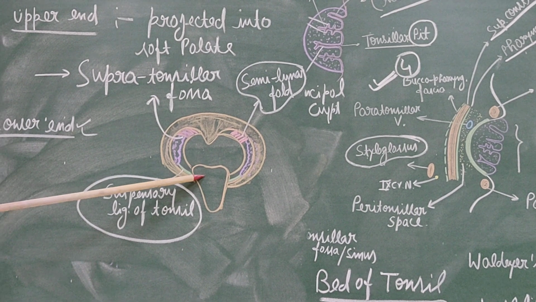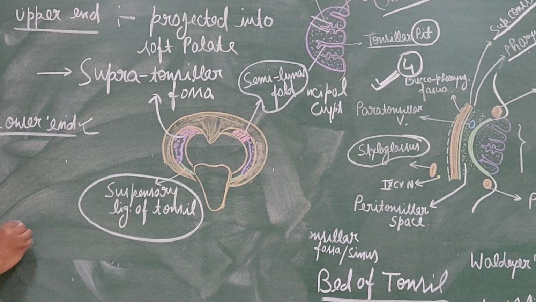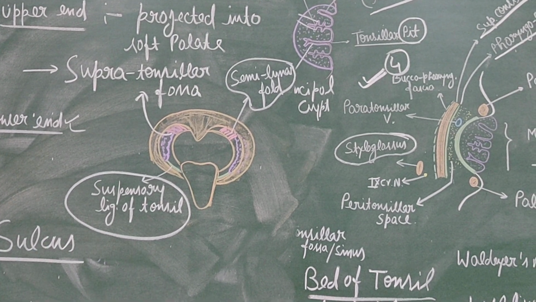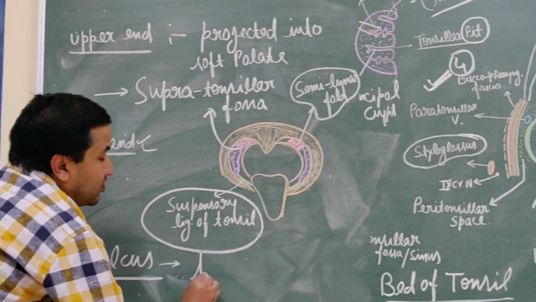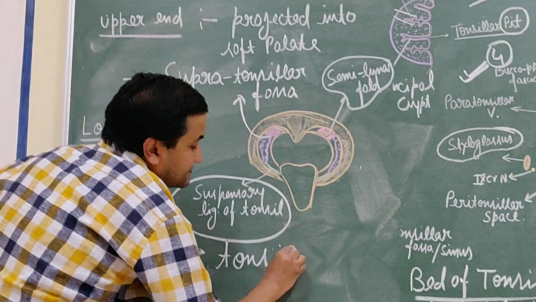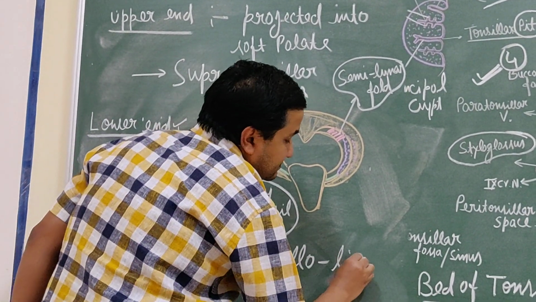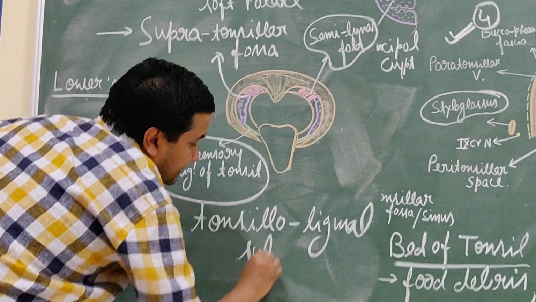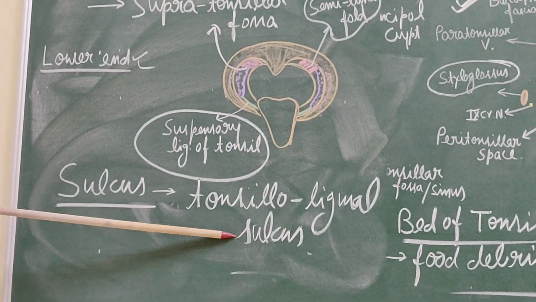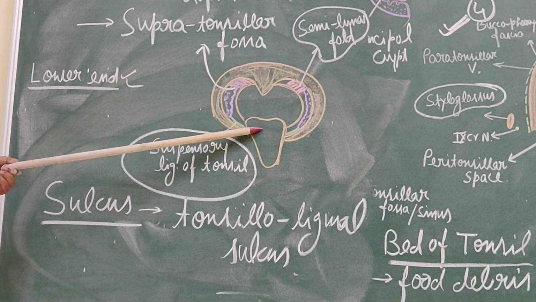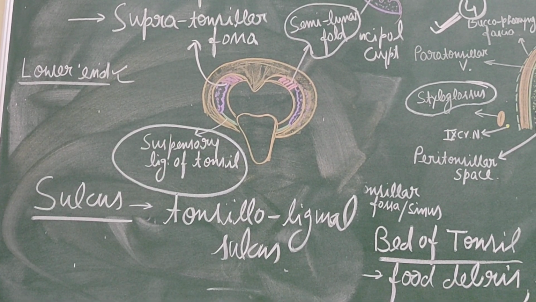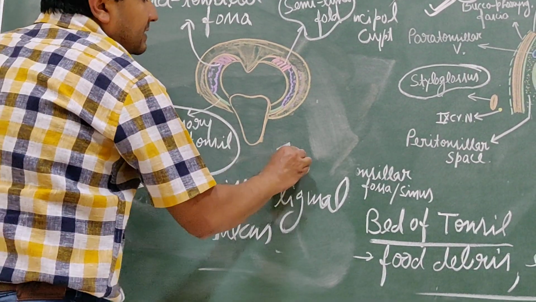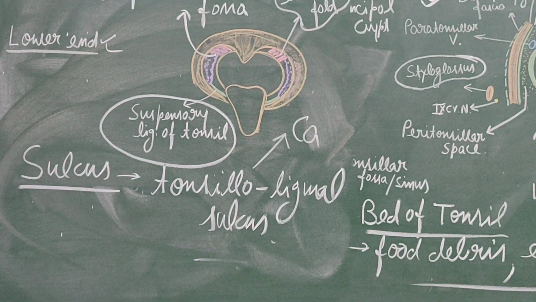The tongue and the tonsil are separated by a groove or sulcus, that is the tonsillolingual sulcus. The tonsillolingual sulcus or groove separates the tonsil from the tongue, and this is a site of carcinoma.